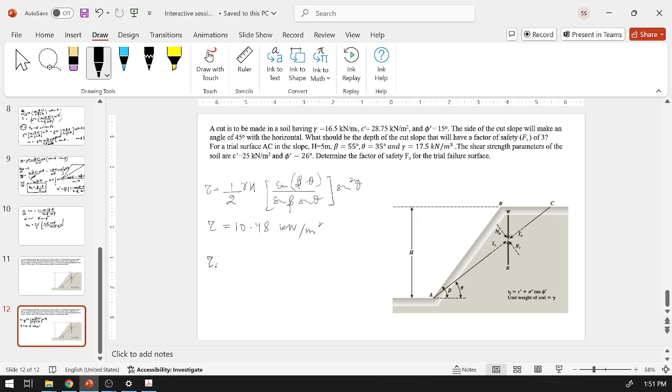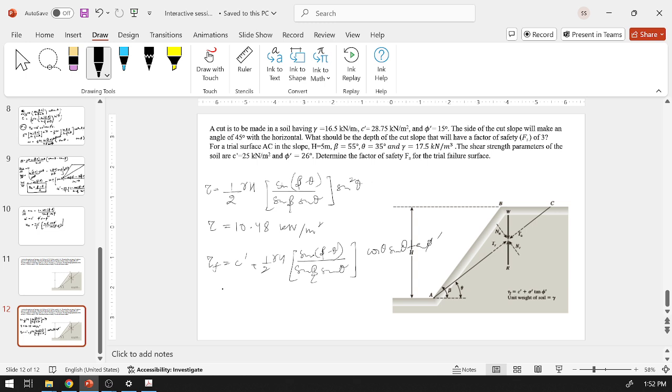And the shear strength is c dash plus half of gamma h sine of beta minus theta over sine beta sine theta, cos theta sine theta tan phi dash.